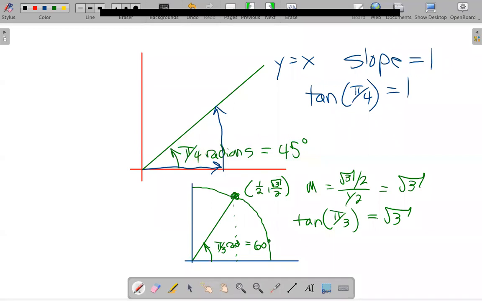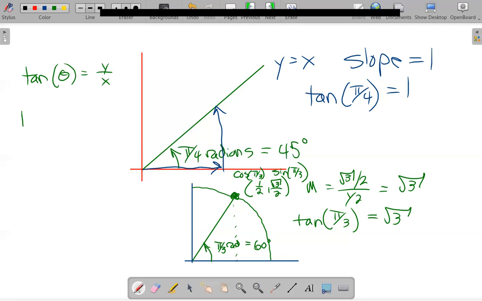Another way to think about tangent is, again, any point I pick, that one right there. If I'm on the unit circle, that point is the cosine of the angle. So that would be the cosine of pi over 3. That's the 1/2. And the square root of 3 over 2 would have to be the sine of pi over 3. So if I know that the tangent of an angle on the unit circle is the y value over the x value, I also know the y value is the sine of the angle and the x value is the cosine.